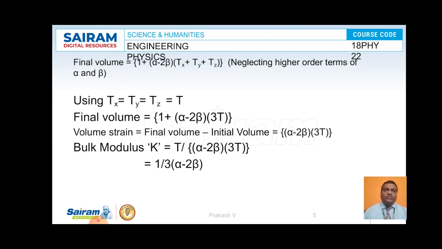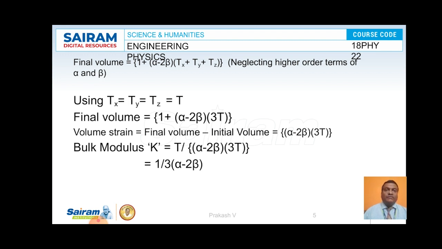So the final volume can be written as 1 plus alpha minus 2 beta into Tx plus Ty plus Tz. Here, by neglecting the higher order terms of alpha and beta, we consider Tx equal to Ty equal to Tz, equated to T. If you consider that, the final volume of the box will be equal to 1 plus alpha minus 2 beta into 3T.